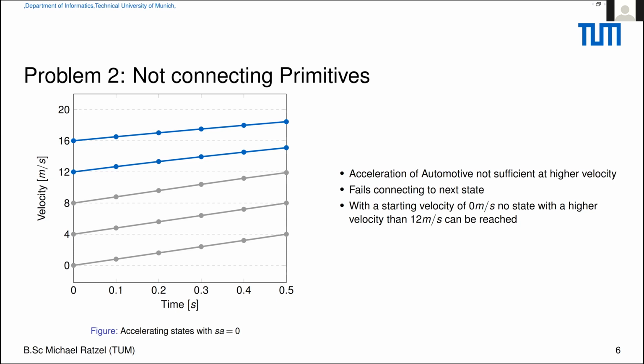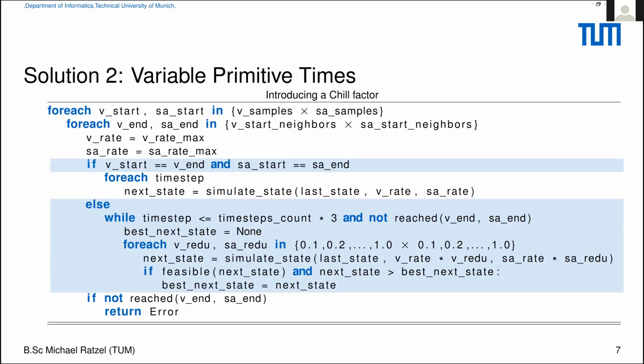So a solution to that was that we introduced variable primitive times. In the default one, every primitive was half a second, and now it will change depending on what it needs.